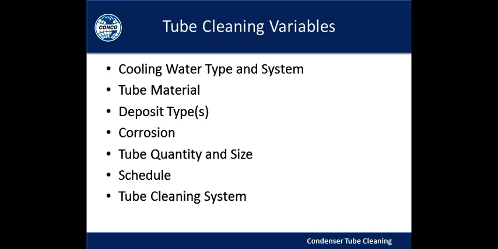Is it a multiple-compartment condenser? What's the tube material? The deposit types? Are we addressing corrosion as well? How many tubes and what are their size? Do we want to do this job in a weekend, or do we want to do it over 6 weeks during the overhaul? Which cleaning system are we going to use to achieve the results?